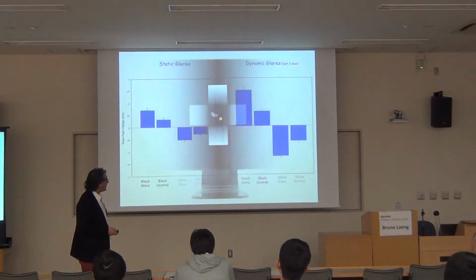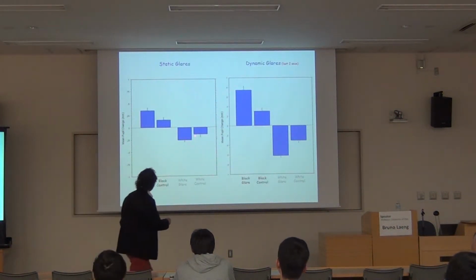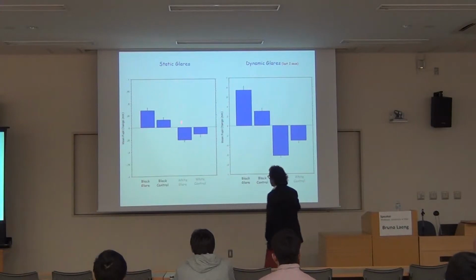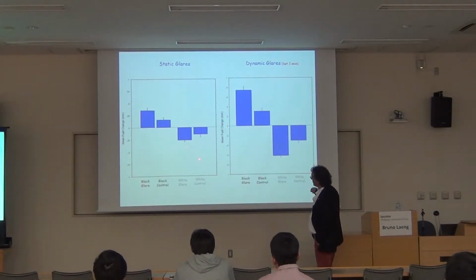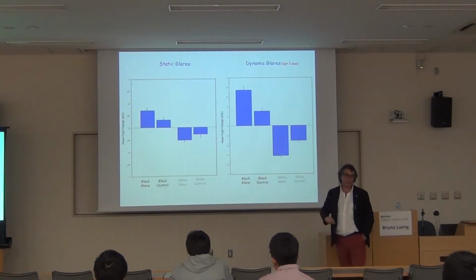So when we look at the results, we find, again, that the white glare stimulus constricts the pupils. It does that more than the control stimuli. But we also find that the black glare stimulus now dilates the pupil, and it does so more than its control stimulus.